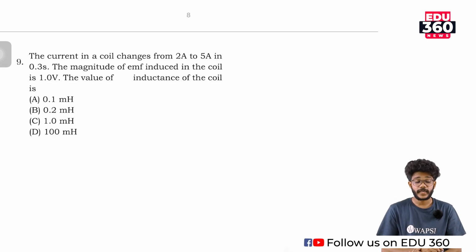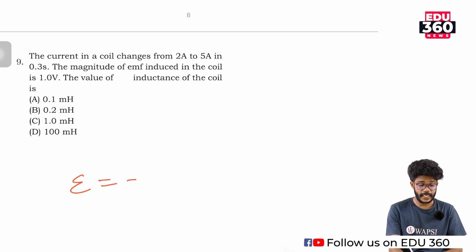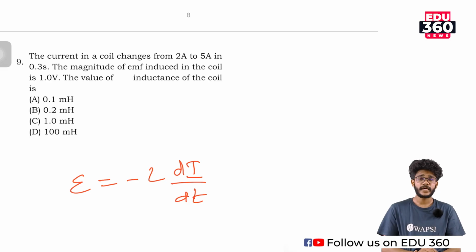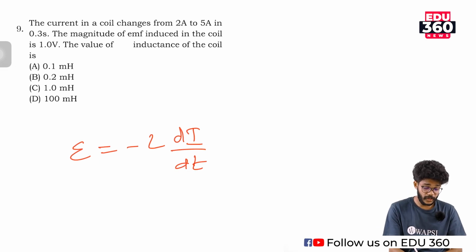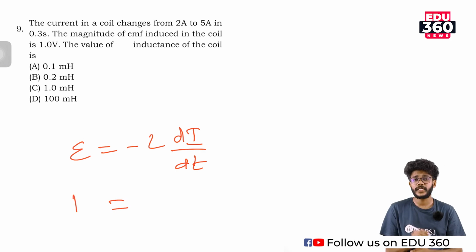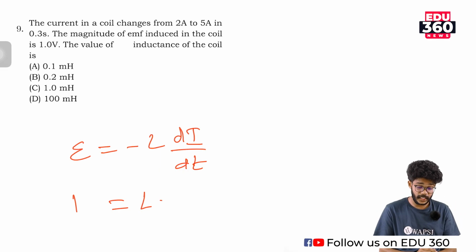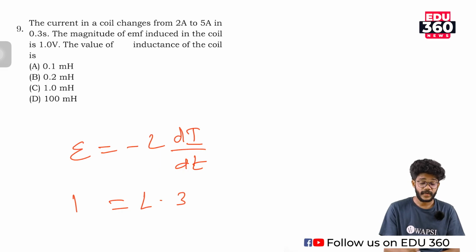For induced EMF, we want an equation connecting induced EMF: epsilon is equal to minus L di by dt. Epsilon is given as 1 volt, and we only need to calculate L. We don't need the direction, so we can neglect the minus. L into di, what is the change in current here? 3. What is the change in time? 0.3.